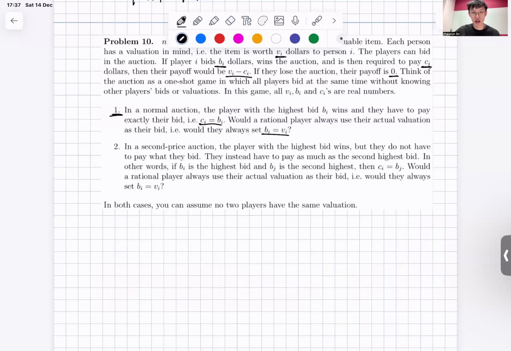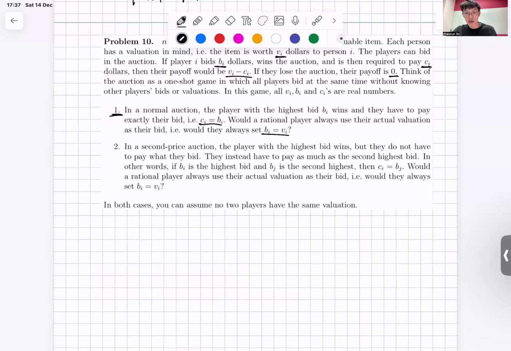And in this case, because I bid more than my valuation, my payoff will decrease because I have to pay more. But if I'm not the highest bidder and I decrease my bid, my profit does not change because I will not win anyway. So if I'm not the highest bidder, there is no increase in payoff from adjusting my bid.